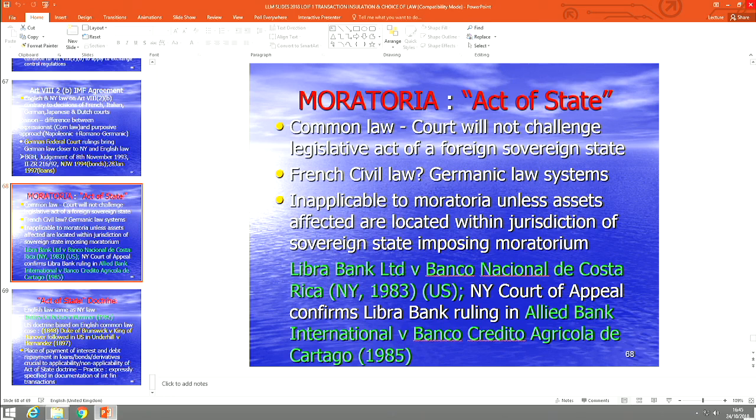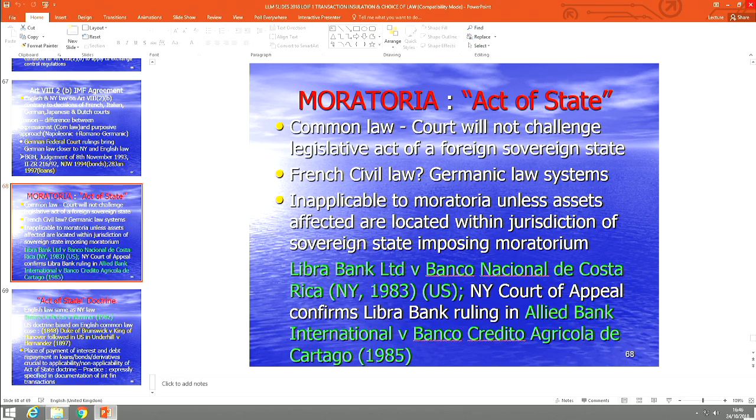That's the rule. Let's try and understand it in a minute. The rule is, unless the assets which are to be affected by the moratorium are located within the jurisdiction of the sovereign state imposing the moratorium, English and New York law will not apply the Act of State doctrine.